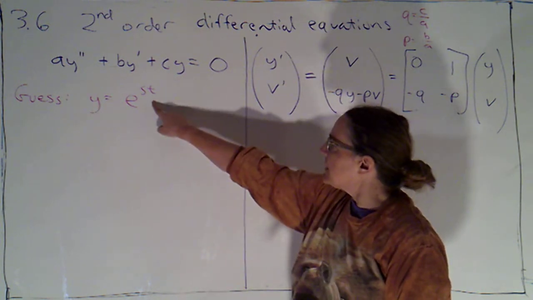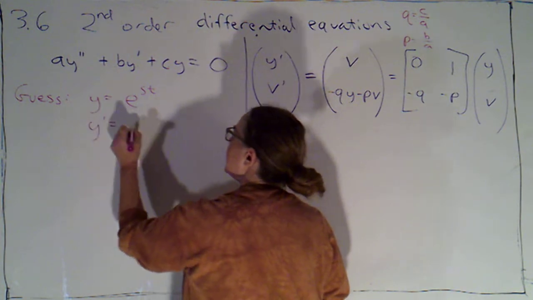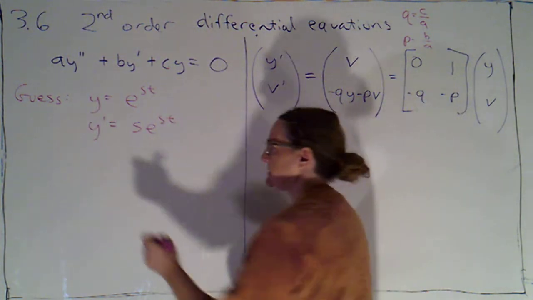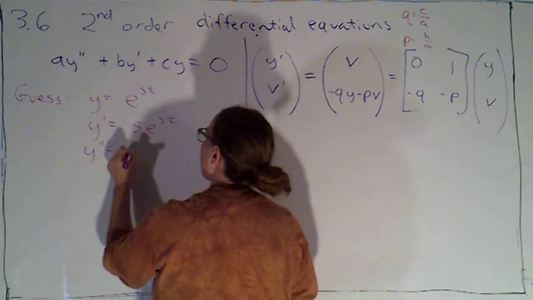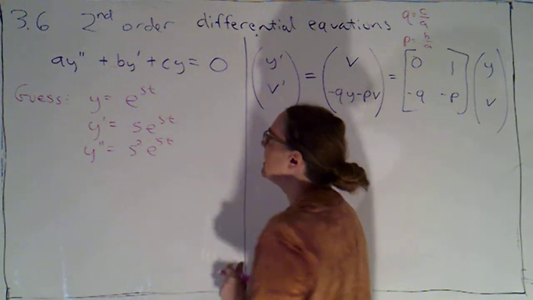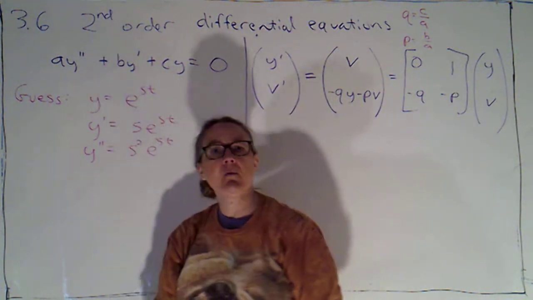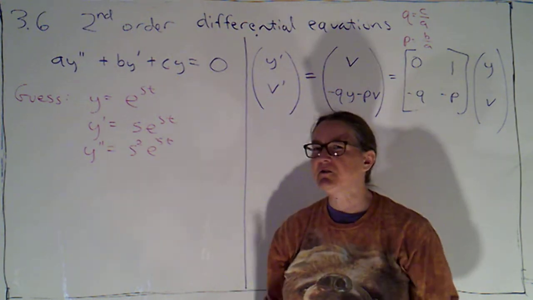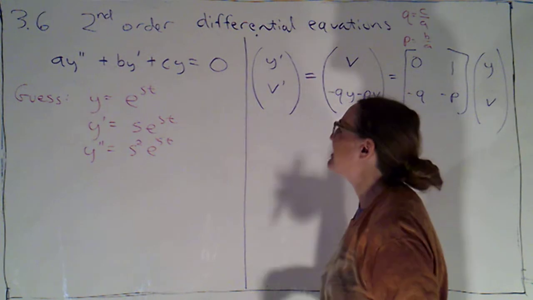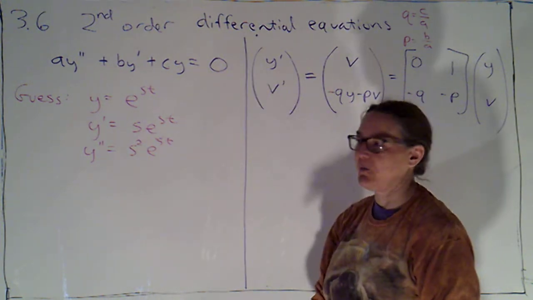The reason this guess is reasonable, of course, is that if y is e to the st, y prime is just s e to the st, and y double prime is s squared e to the st. So all of my functions, y, y prime, and y double prime, are just multiples of e to the st. If I get the right multiples, it's possible that when I add them all up, they could cancel out and give me 0, and that, of course, is what I'm hoping to find.